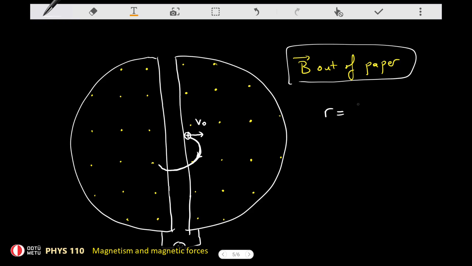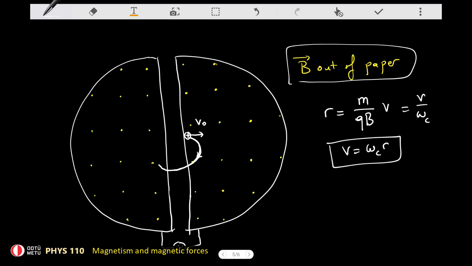If I remember this correctly, it's the mass divided by QB times the speed. Yeah, that must be the correct expression, because this is like V divided by the cyclotron frequency, and we have said that V is equal to omega times R, which is the relationship between the rotational and kinematical quantities.